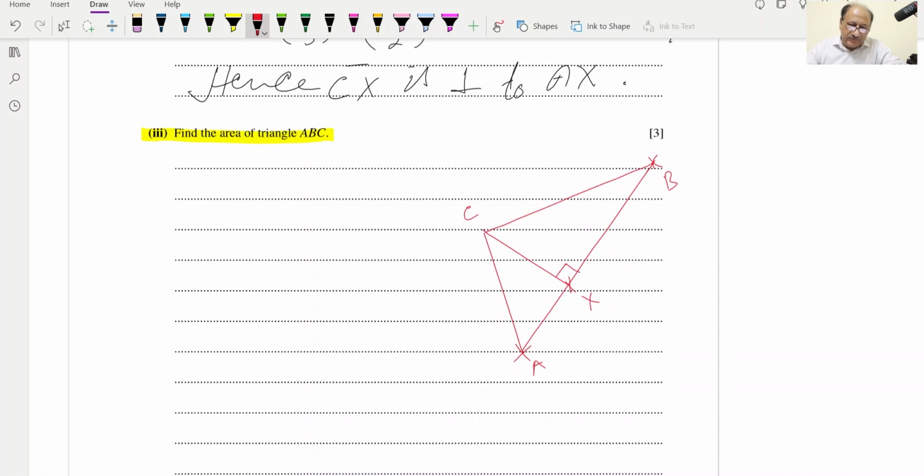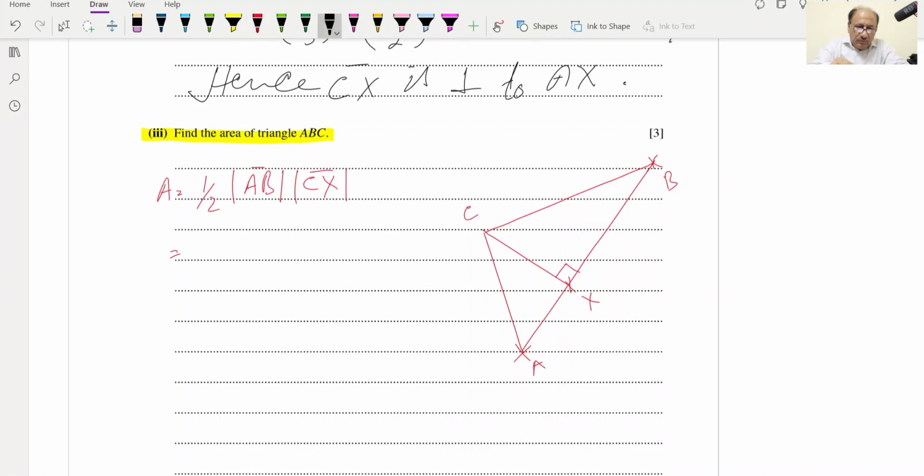The area will be equal to 1 by 2 into the length of the base vector AB, multiplied by the length of CX. So half into base into height basically.